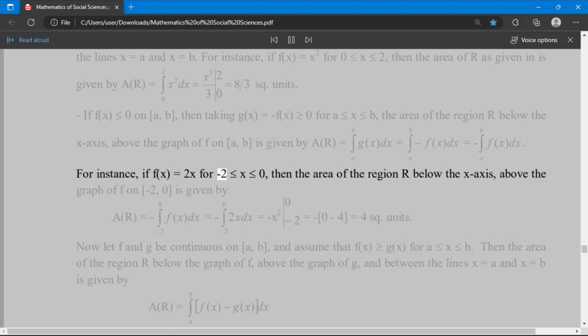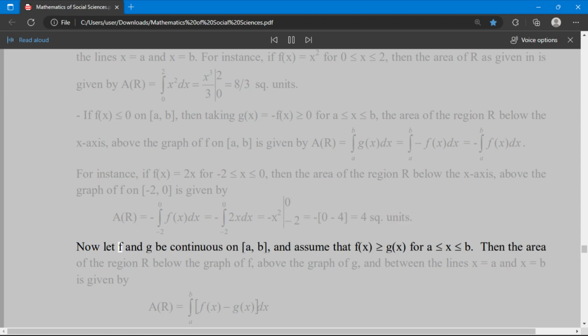For instance, if f(x) = 2x for −2 ≤ x ≤ 0, then the area of the region R below the x-axis, above the graph of f on [−2, 0] is A(R) = the integral of −2x dx from −2 to 0 = −x² from −2 to 0 = 0 − (−4) = 4 square units.